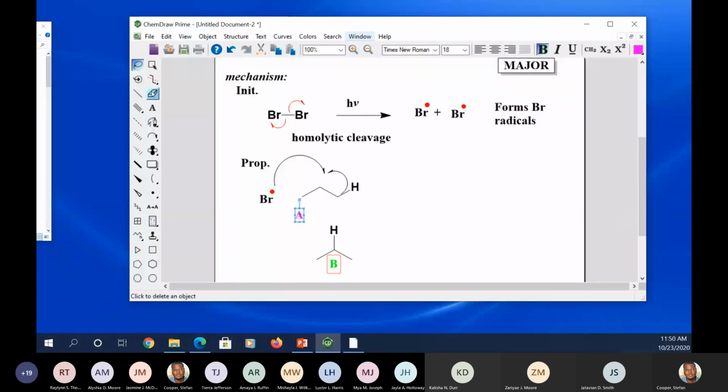You know what? Just for convenience, I'm going to move this way.